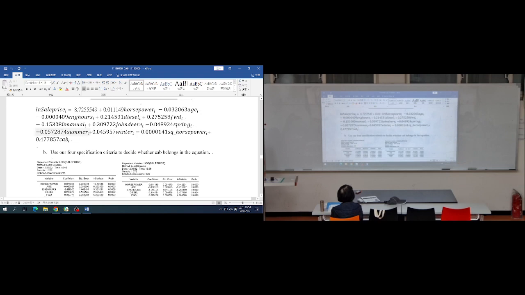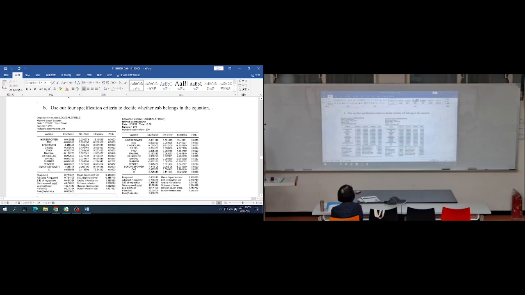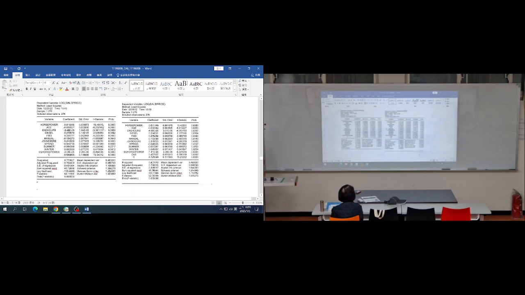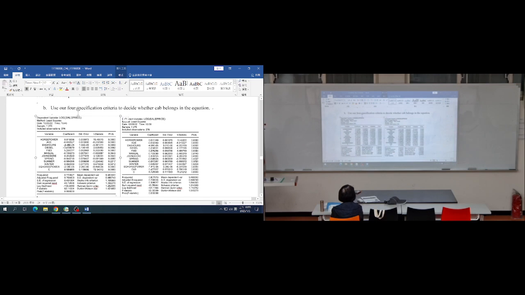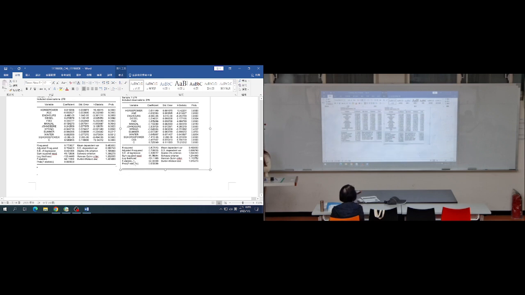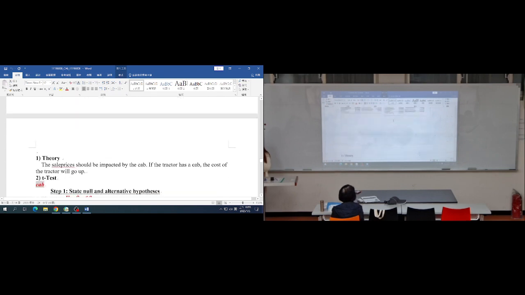And the equation here is next to part B. For this step, we have two results. The first one is this one, and the second one is after we add the cap into the class one.